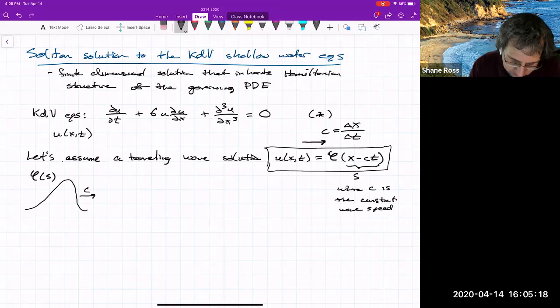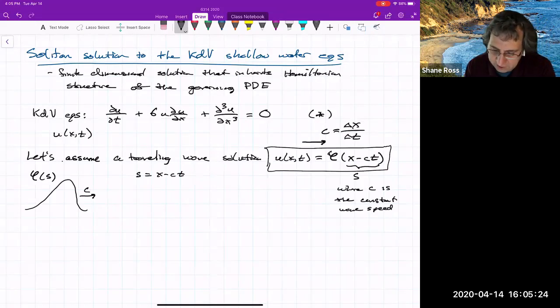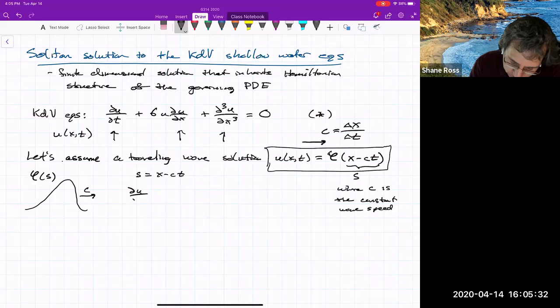We would just know that it's traveling. So s is x minus ct, and we just now write these partial derivatives in terms of s. So partial u partial t would be the derivative with respect to t of phi, which is a function of s.